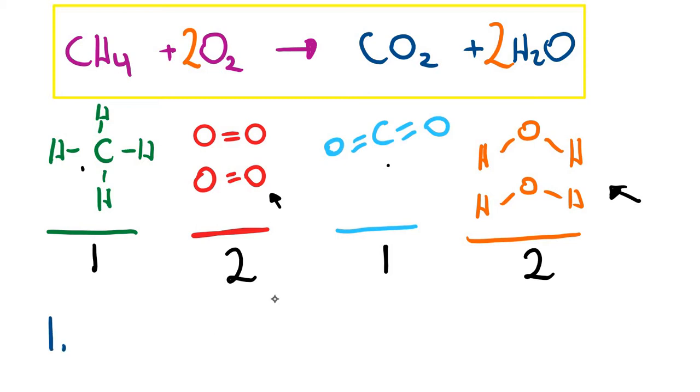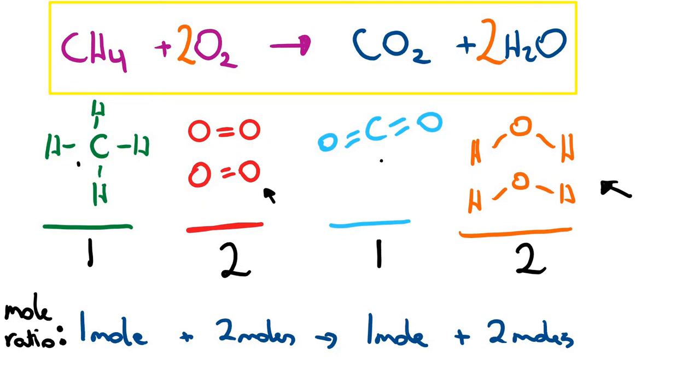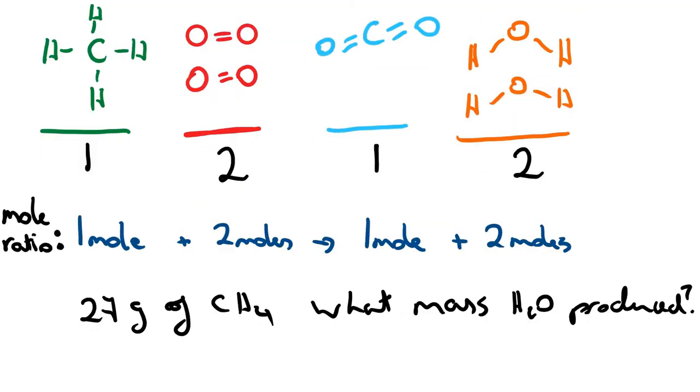I have 1 mole of methane reacts with 2 moles of oxygen to give me 1 mole of carbon dioxide and 2 moles of water. And this is called the mole ratio. It's really important.